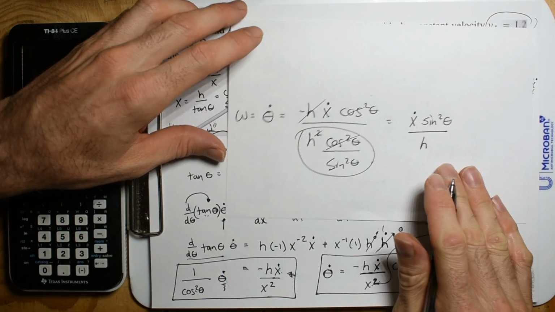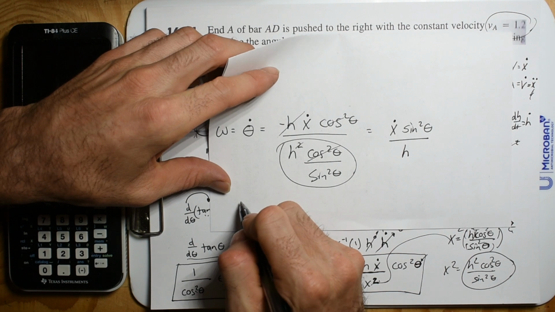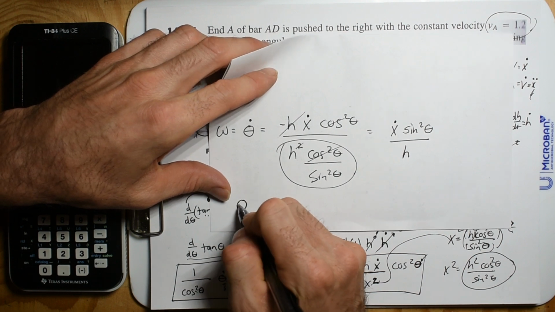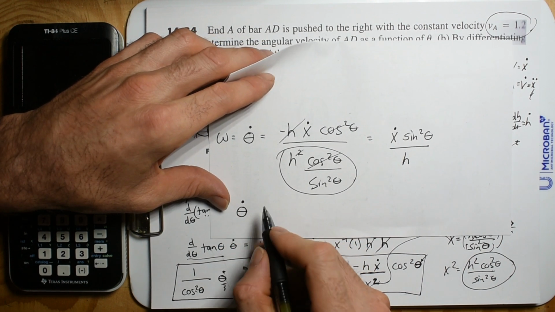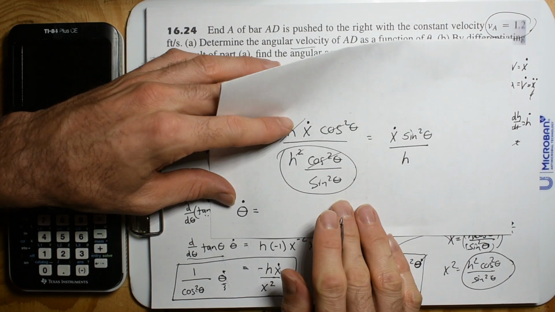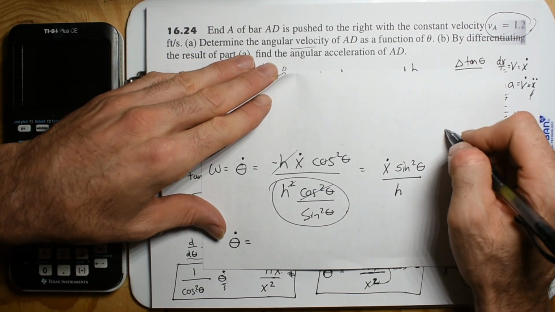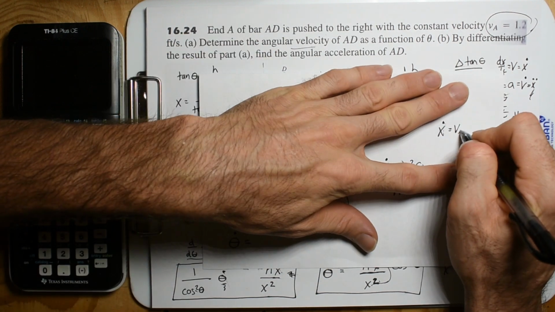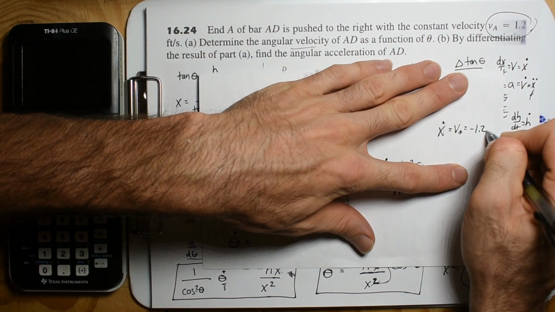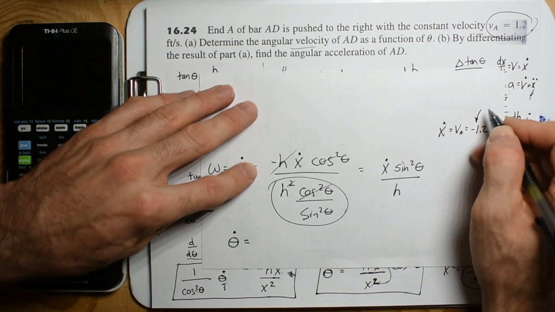All right. Let's see if we can plug that into our equation. We're going to say this velocity, x dot, the velocity of A, is equal to negative 0.12. That's the only thing you have to worry about, that negative sign.